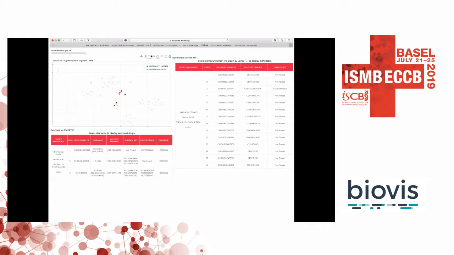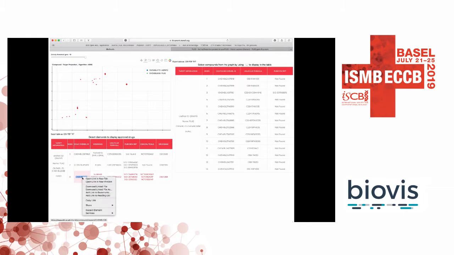chemicals which bind to them, and then there's an activity threshold, and we can select some of the compounds and see whether they are in DrugBank, which was mentioned previously, or they are in the ChEMBL database. So we can have links to those compounds from various data sources, including clinical trials.